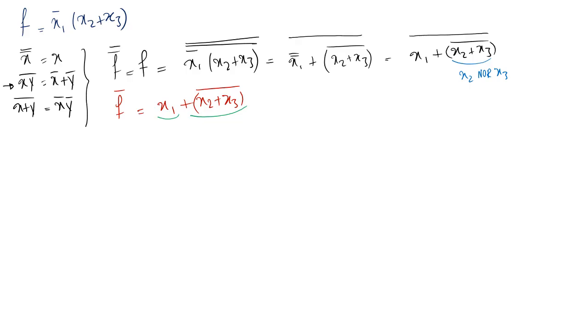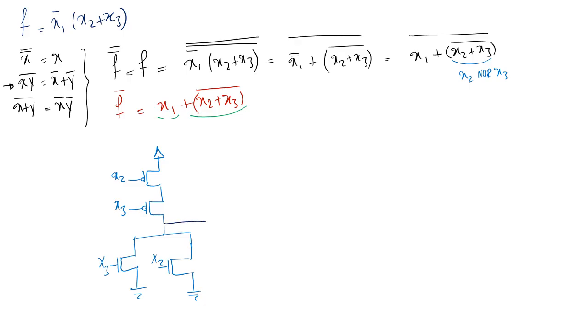So I can implement this simply as x2 and x3 NOR with each other. We know this circuit from before. And I know that the result is going to be, again, NOR with x1.